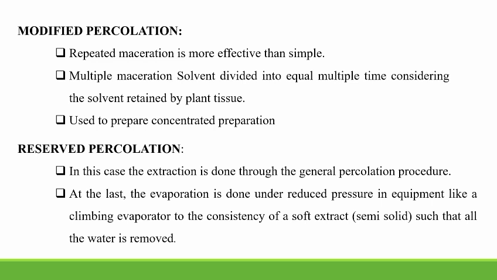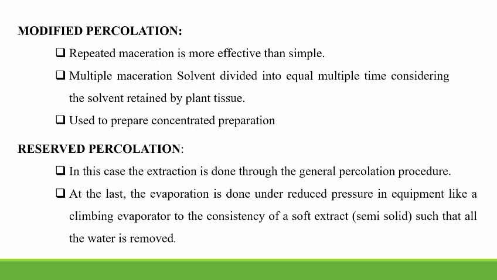The next one is reserved percolation. This is a type of simple percolation, but with some extra procedures, like an evaporation process. Equipment like a climbing evaporator is used for the evaporation, so that we get a soft extract, a semi-solid type of product.